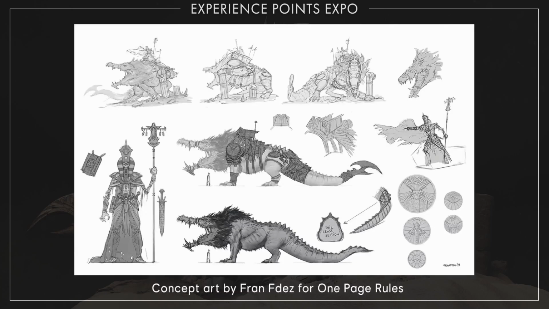So for this project, I had a concept that was made by, I think his family name is Fernandez, but for some reason he put FDEZ. And the company was One Page Rule.